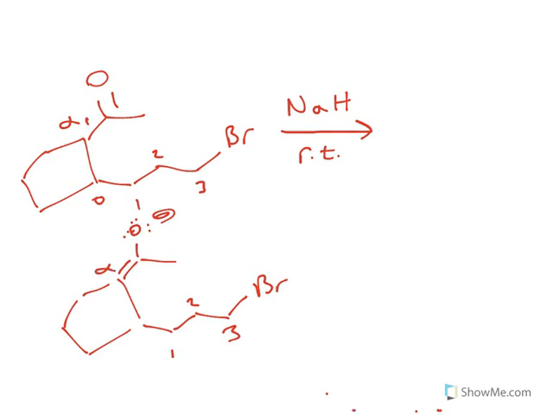There's alpha 1, carbon 0, and this will collapse. We're going to get nucleophilic attack here and kick off the bromine.